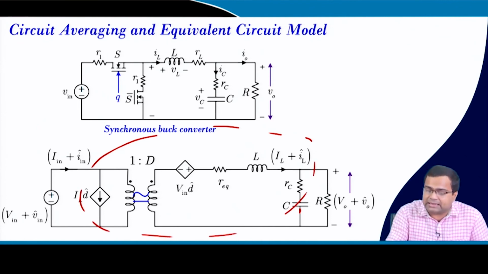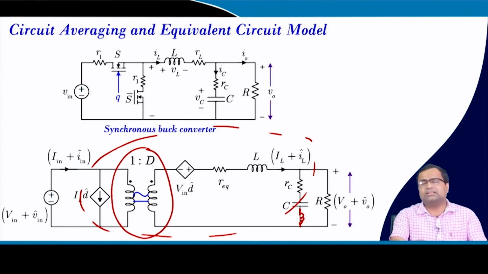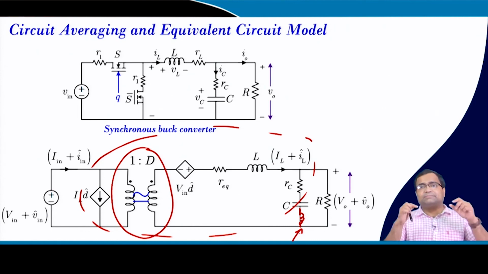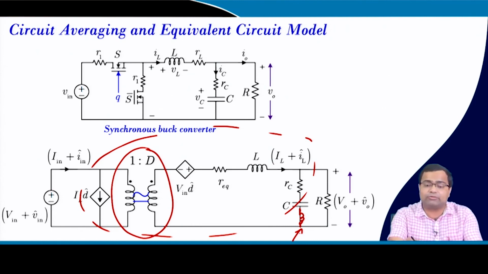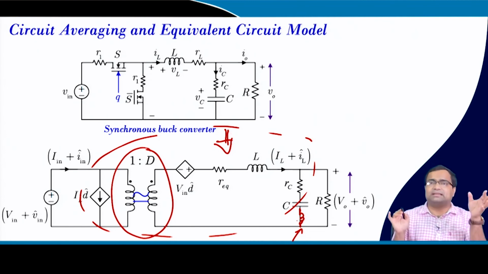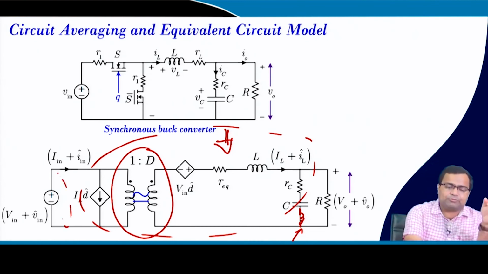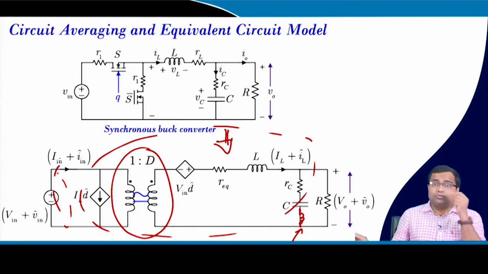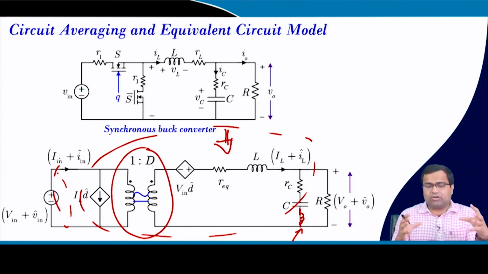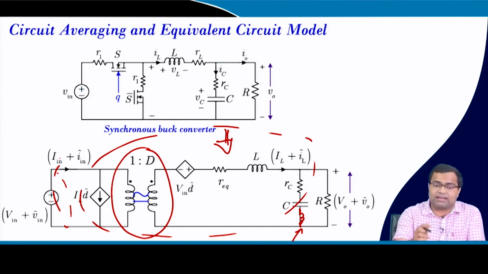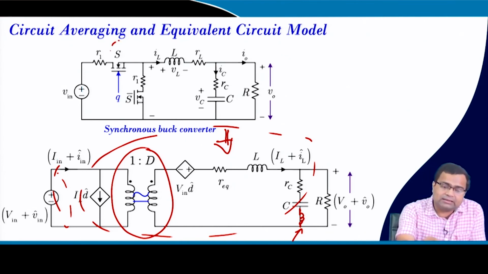Now if we add an ESL, this model remains perfectly valid. The order of the model will increase by 1, but you do not need to rederive the model from the start; you can simply add this inductor. Even if you consider an input filter, this model is also fine, because you can add more parasitics on the left side and right side, and it will work fine as long as certain restrictions are satisfied.